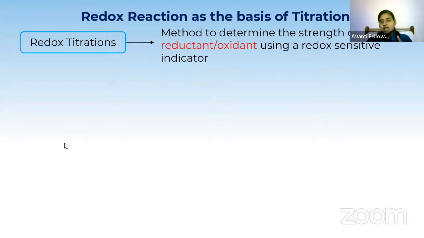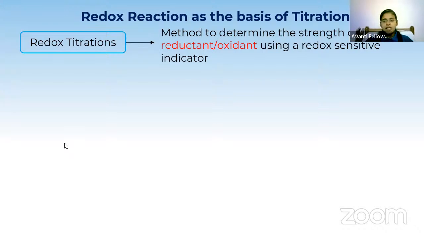Reducing agent and oxidizing agent. It is a method to determine the strength of a reducing agent or an oxidizing agent using an indicator. Indicator means you can see through your eyes whether the reaction has happened or what the conversion is. So it is a redox sensitive indicator.